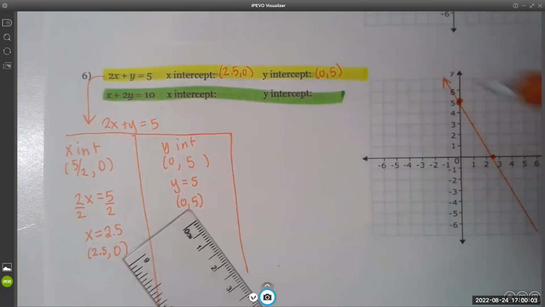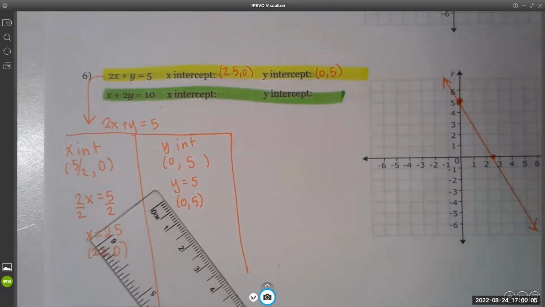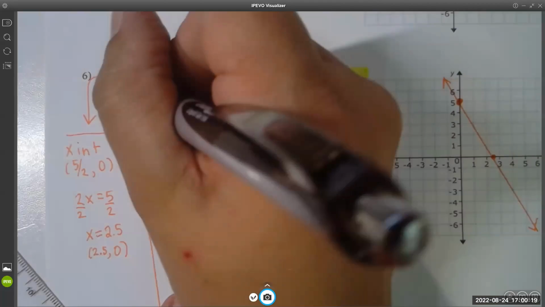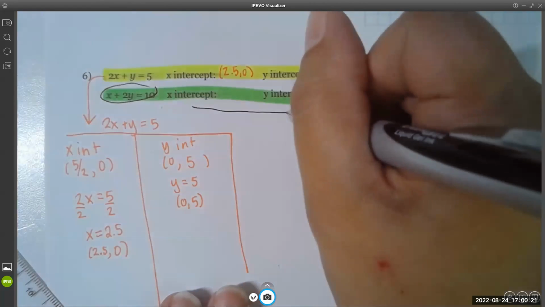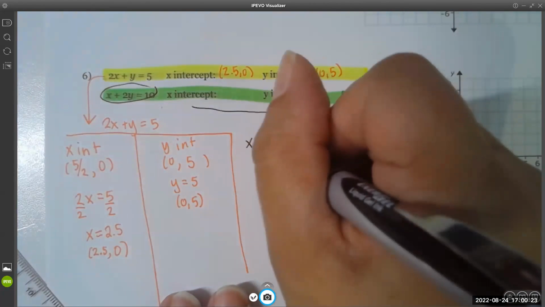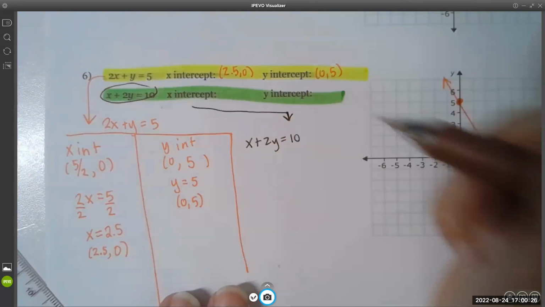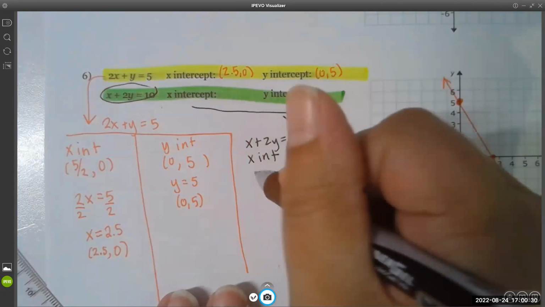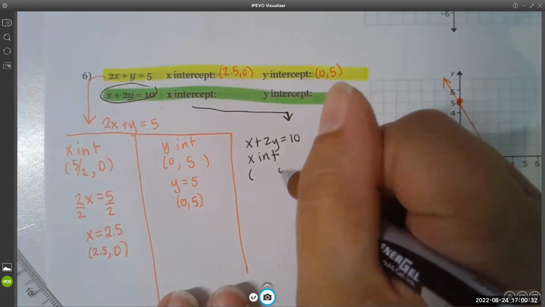Finding where two lines intersect is not as accurate this way because with the slope, you get the whole number parts in between, but it's just another way to graph. When I look at the second line here, x plus 2y equals 10, first, I'm going to find the x-intercept by letting the y be 0.